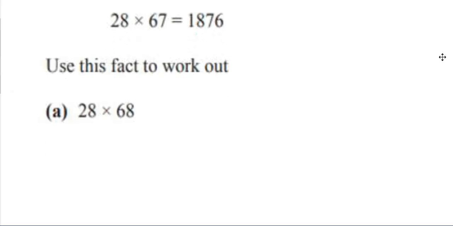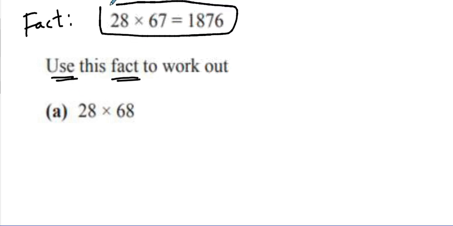The question starts with a fact which says that 28 times 67 equals 1,876. Now use this information here to work out 28 times 68. How do we use this information to work out 28 times 68? So, 28 times 67 equals 1876.